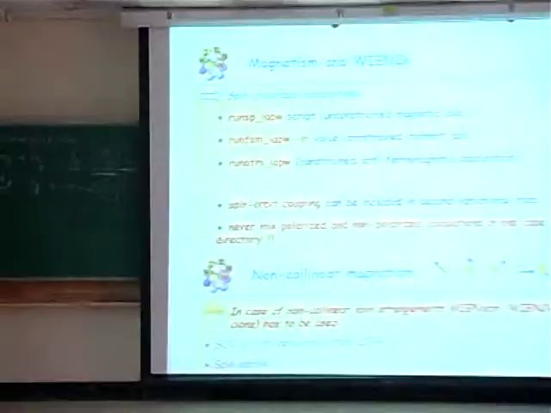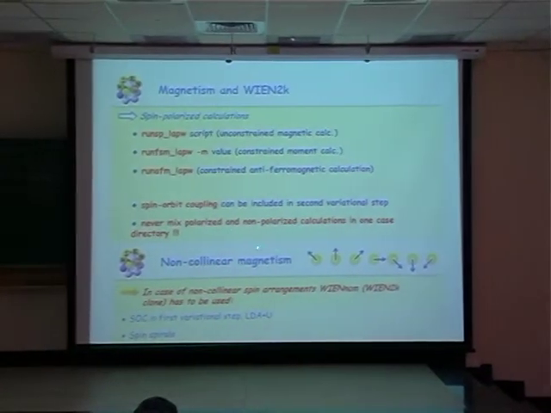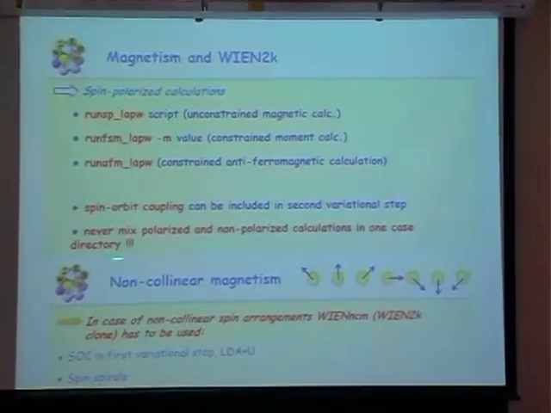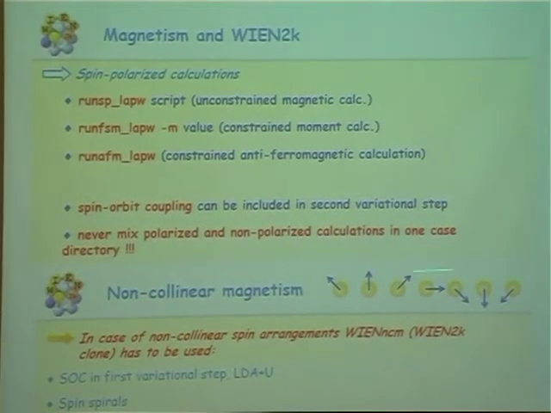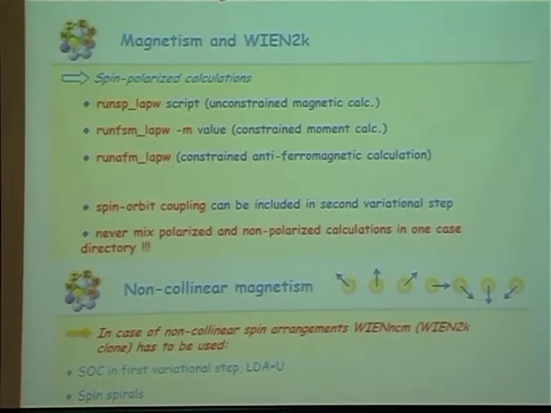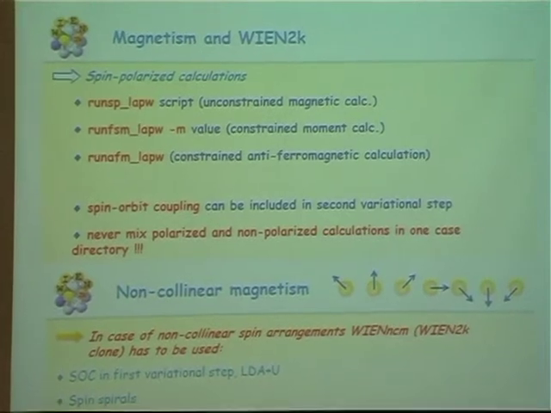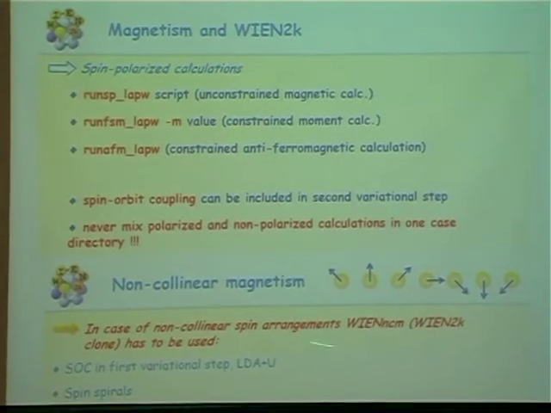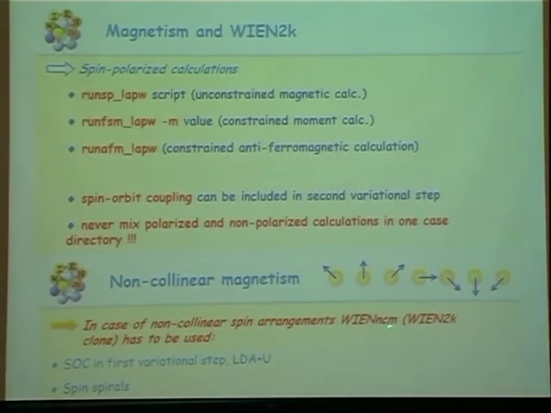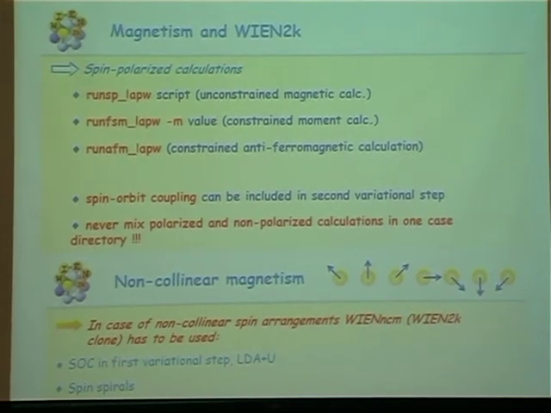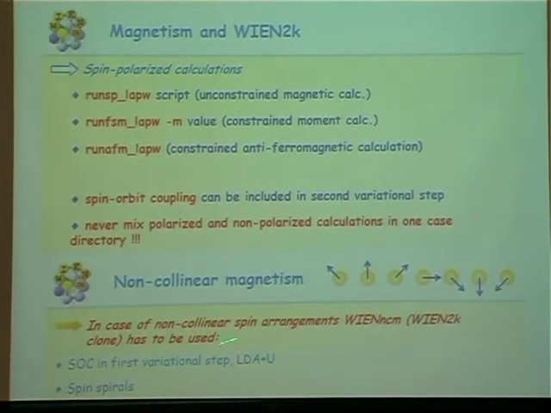Of course, in principle, it is also possible to treat this more complicated state, this non-collinear magnetic state, however, not in standard WIEN2k, but we have an extra program. It's called WIEN-NCM for non-collinear magnetism. It is a clone of WIEN2k, and it can be obtained from every registered WIEN user on request.